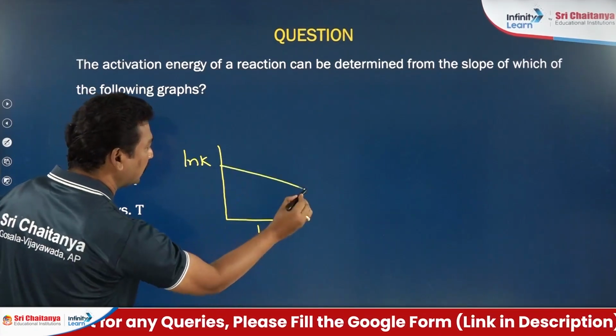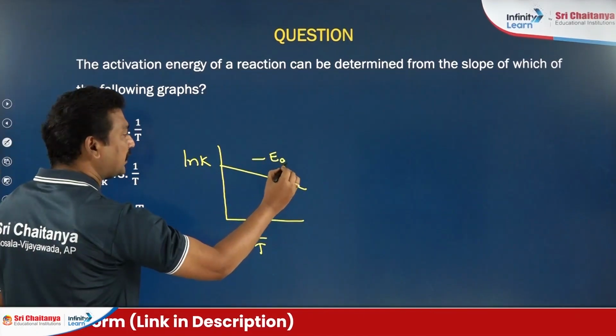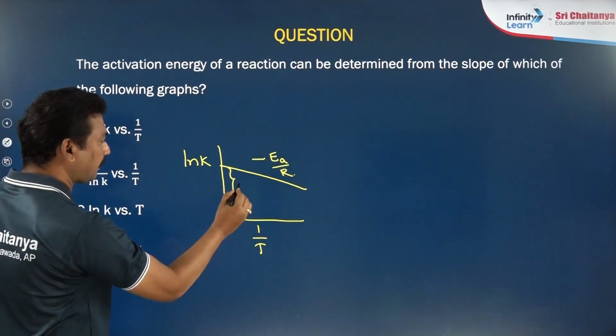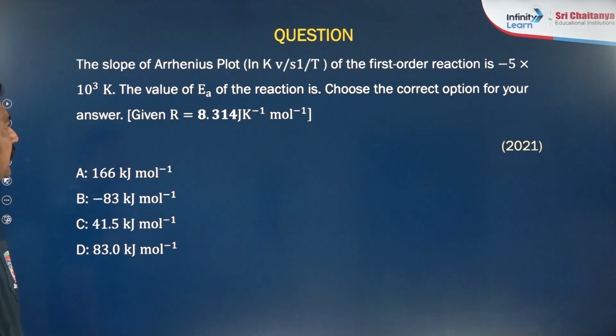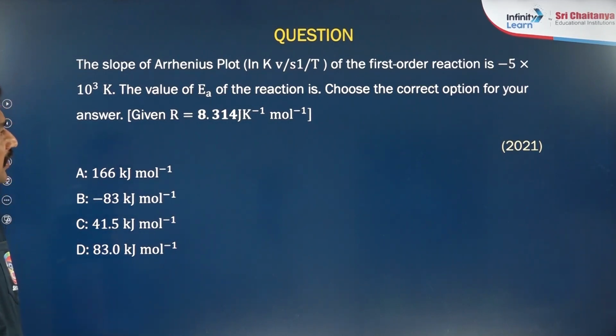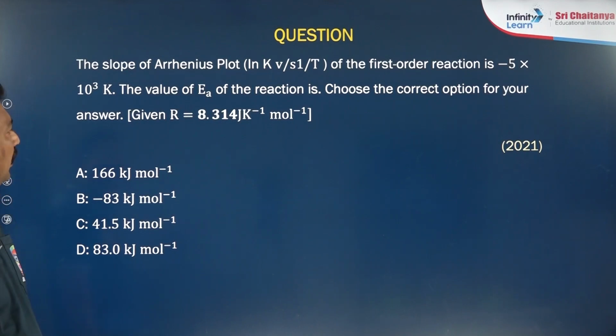So we got the straight line with the negative slope, whose slope value is minus EA by R, and the intercept value is ln A. The slope of the Arrhenius plot ln K versus 1 by T of a first order reaction is minus 5 into 10 power 3 Kelvin. The value of the activation energy of the reaction is, and the R value is also given, which is 8.314 joule per Kelvin per mole.